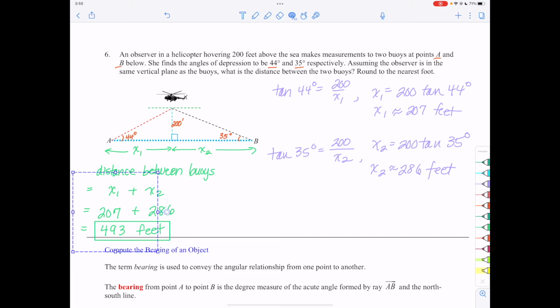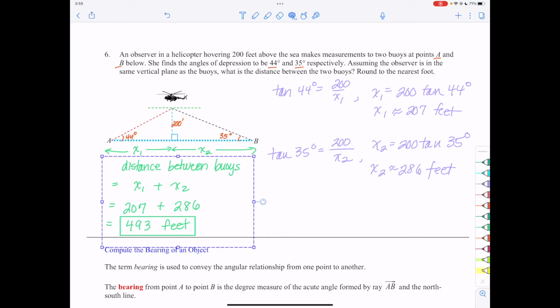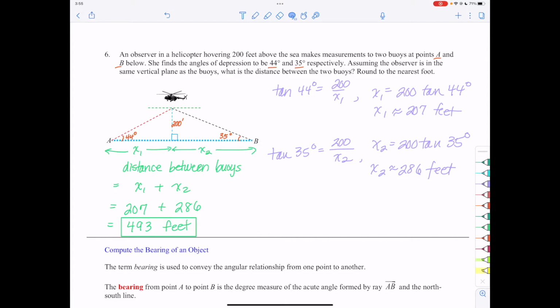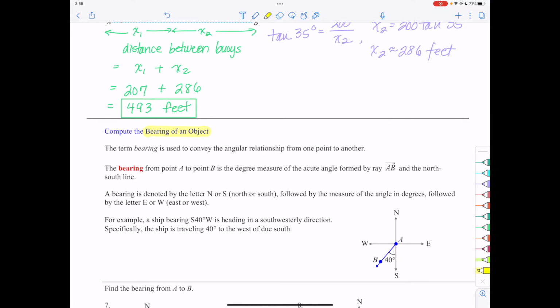Okay. Now, let's take a look at how we will be computing the bearing of an object. So the term bearing is used to convey the angular relationship from one point to another. That's bearing.